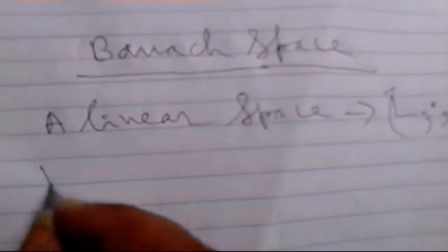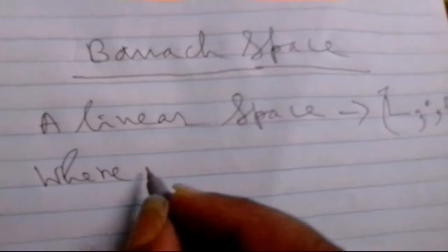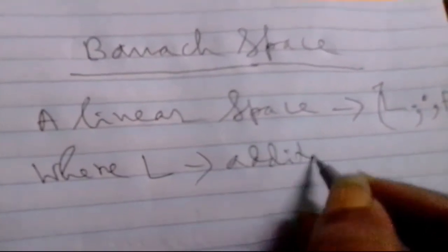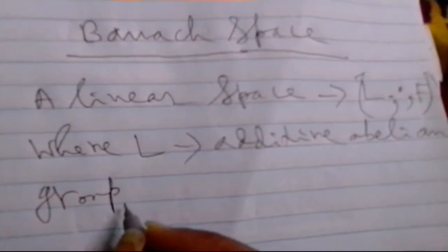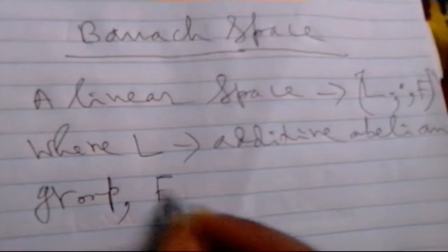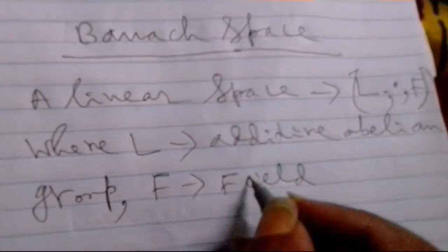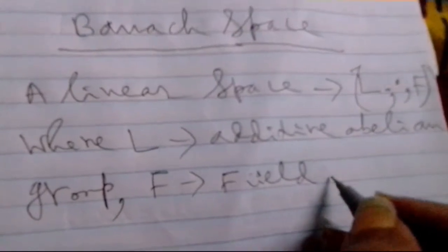Dot is multiplication, whatever it may be, dot or cross. L is called an additive abelian group, and F is called a field. You already know this from abstract algebra.